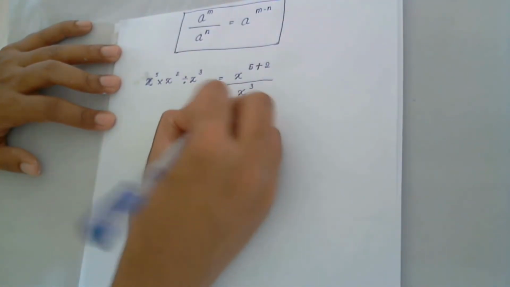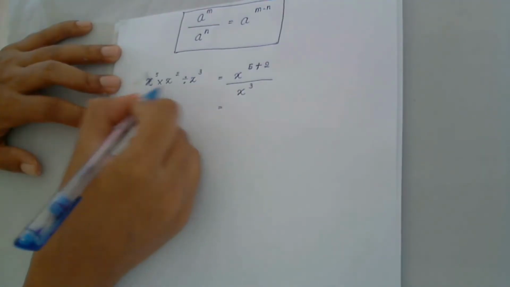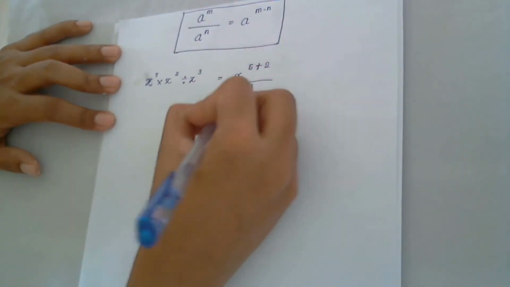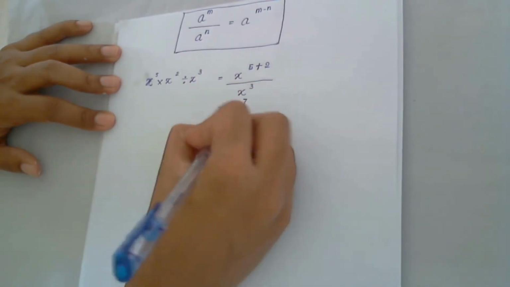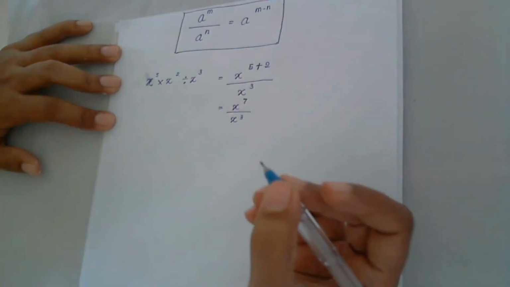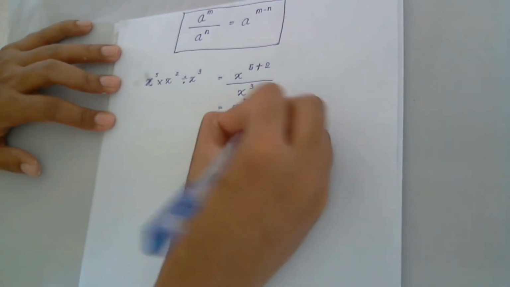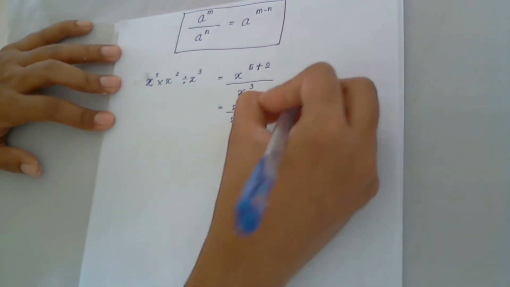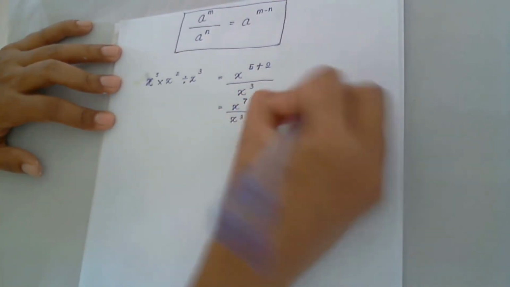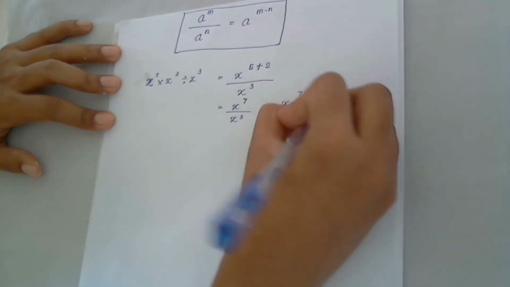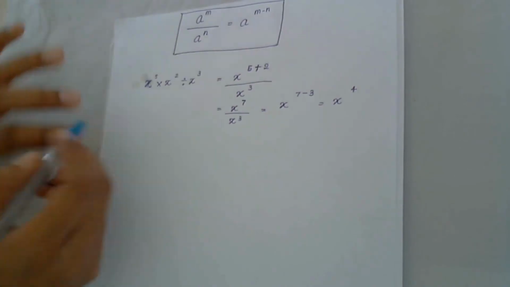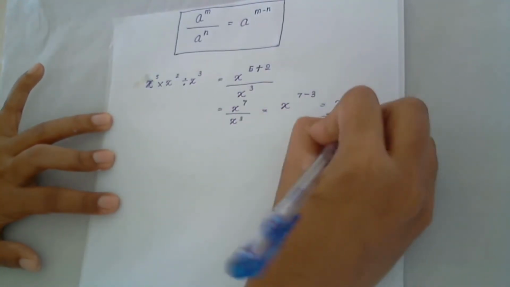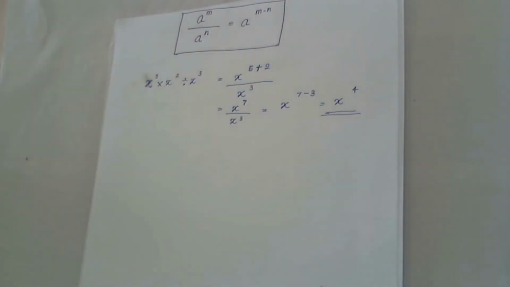Let's do the multiplication first. Then x to the power 7 over x to the power 3. When we have a division, we do the subtraction. 7 subtract 3, the answer is x to the power 4. I think it is clear.